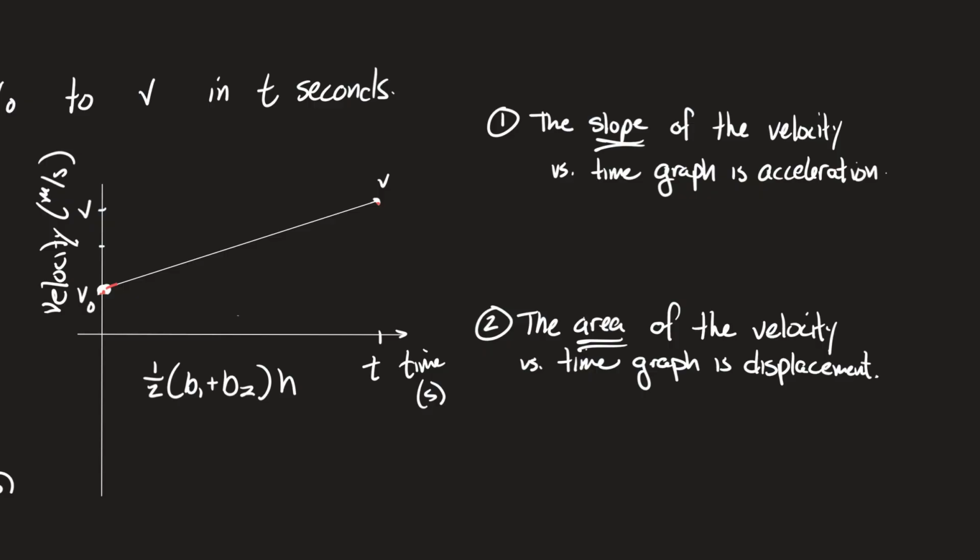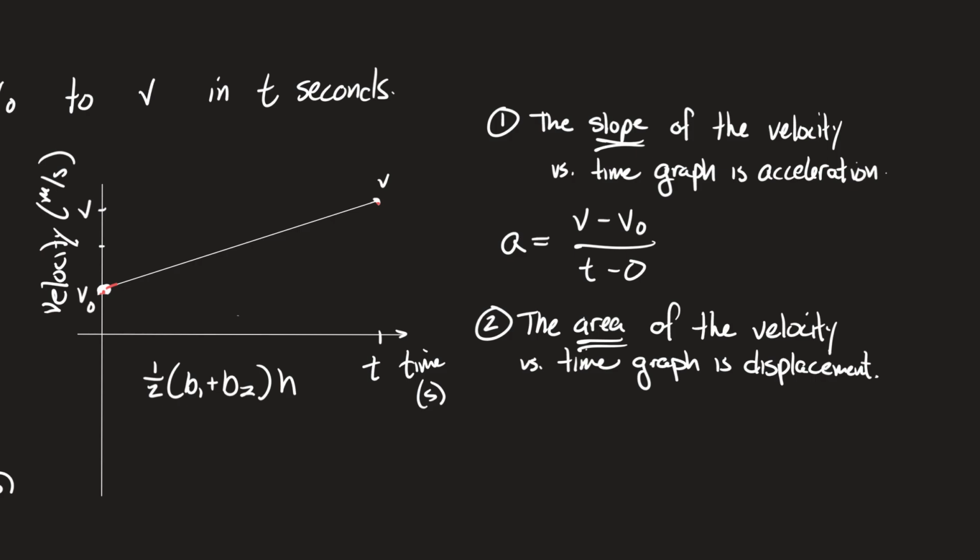So acceleration equals the slope. Well, that would be the change in y over the change in x, or the change in the vertical divided by the change in the horizontal. So v minus v naught, that's the change in the vertical, divided by t minus 0, assuming our interval started at 0. Okay? Same thing. We did the same thing, just no numbers this time.